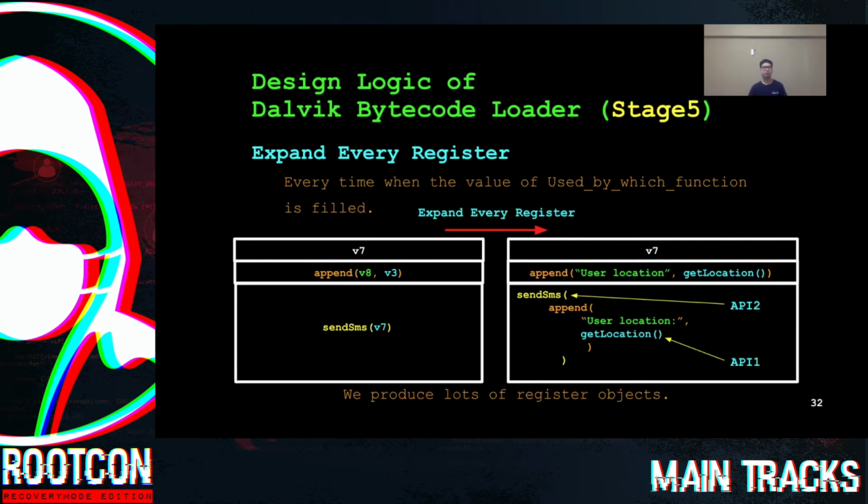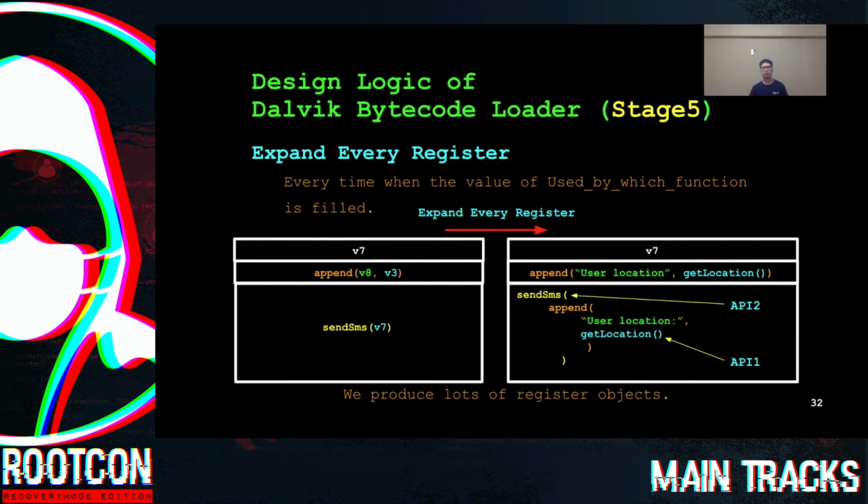As you can see in the lower right corner, the result of getLocation is appended to the string user location, and the new string is sent out by using function send_SMS.